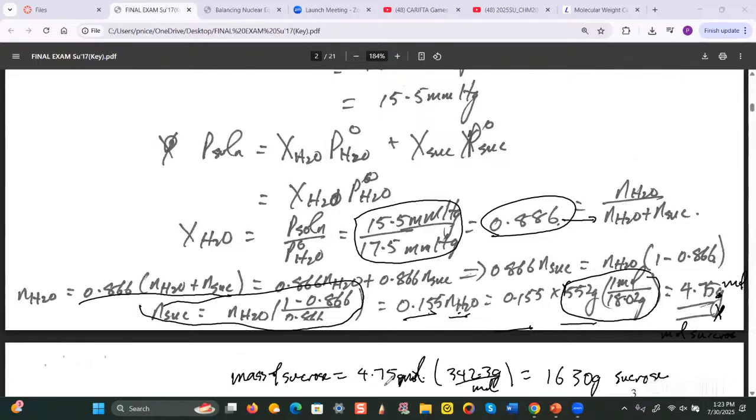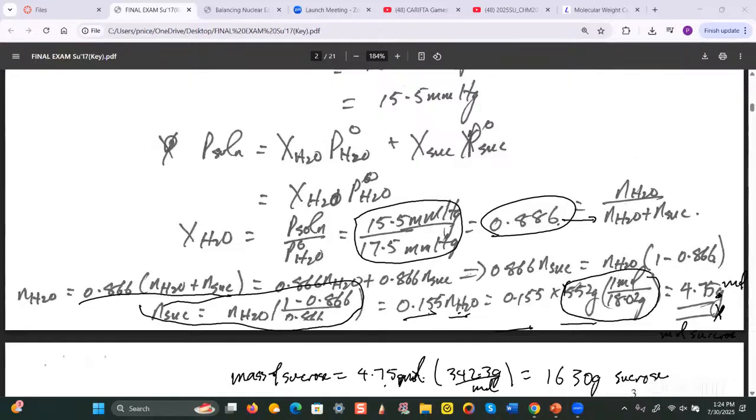Then I multiply that by the molar mass to get the grams of sucrose. No, the molar mass, no. This is the moles of water right here.